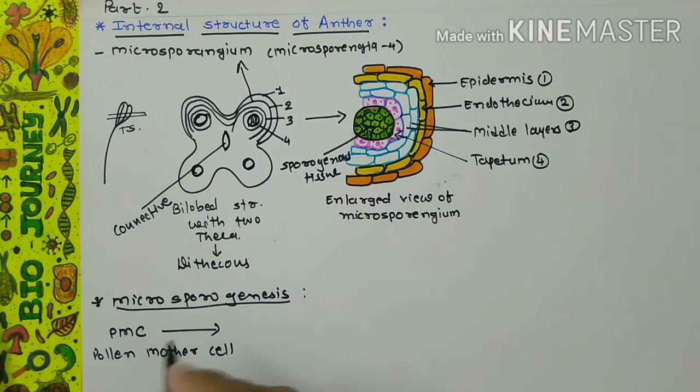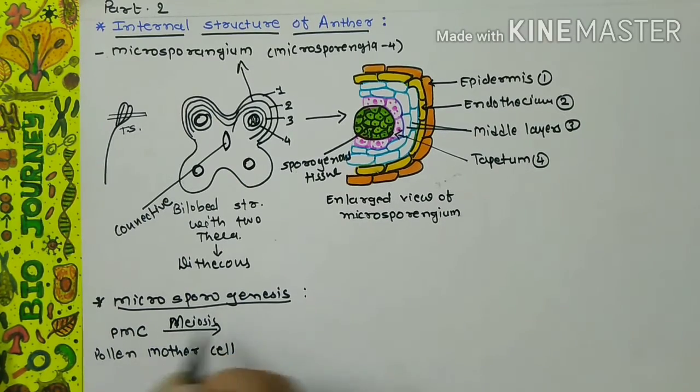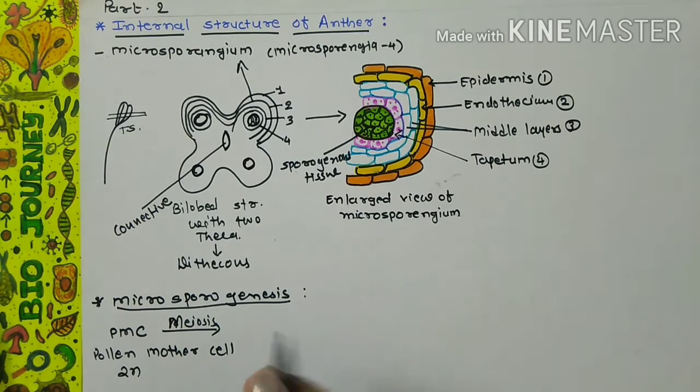This one cell undergoes the process known as meiosis. You studied the meiosis and mitosis processes in the 11th standard. Because of meiosis, this pollen mother cell, which has genetic material 2n, undergoes reduction of the chromosomal material and turns into n.